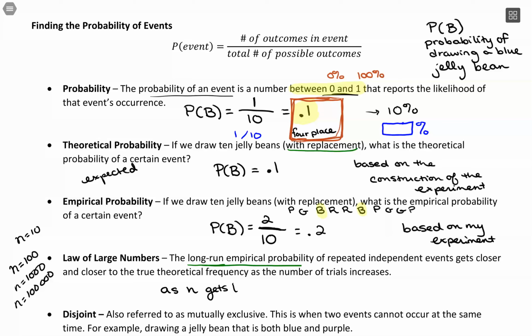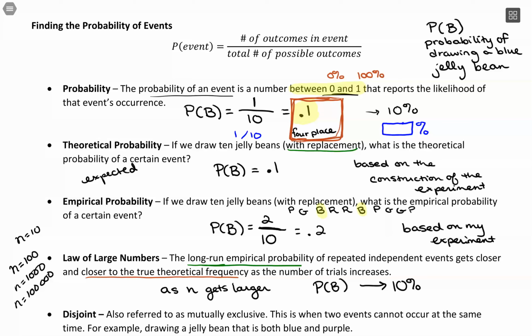This long-run empirical probability relates to your sample size getting larger. As you repeat the process more and more, the empirical probability you're looking at based on your experiment is going to get closer and closer to the true theoretical probability that we would expect.